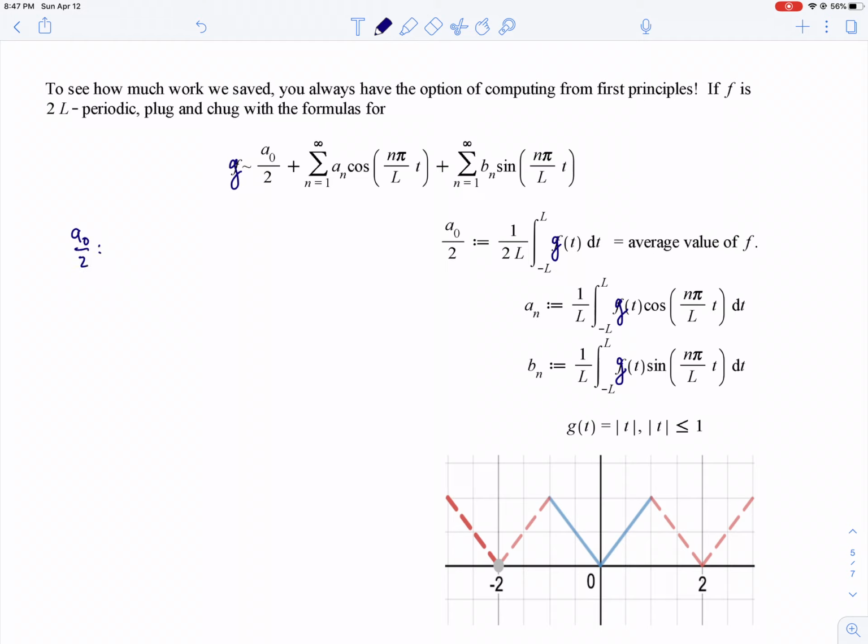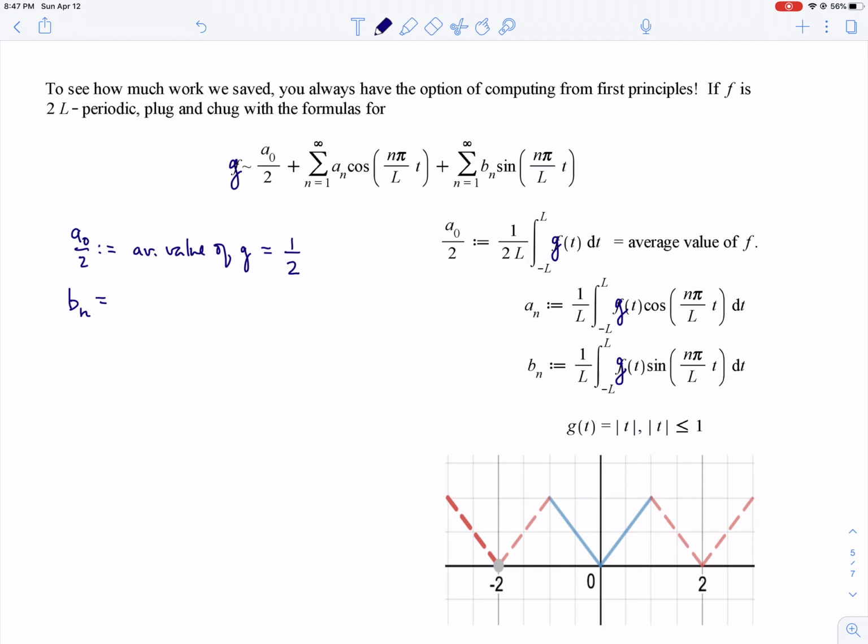is, well, we know, let's not even use the formula. We know it's the average value of g, and because this absolute value is going from 0 to 1, the average value is just 1/2. Okay, now let's do the bn's because we're dealing with an even function.